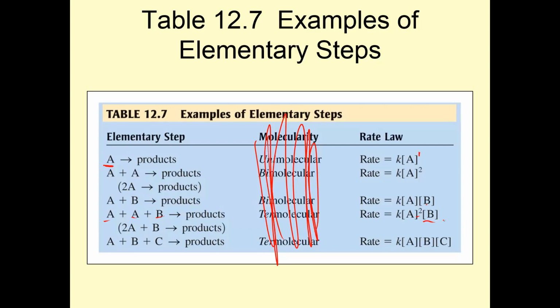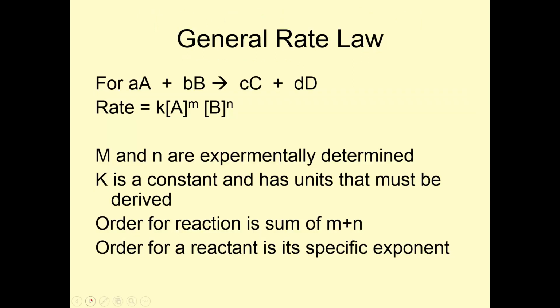Okay? For a little AA, these are my coefficients. A little BB, these are the coefficients. Okay? The rate equals K A to the M, B to the N. Notice they are not coefficients.